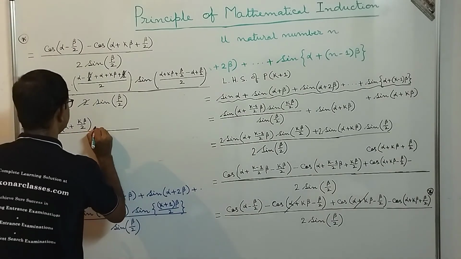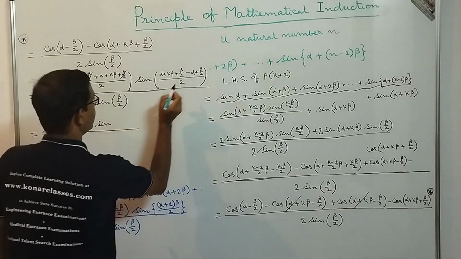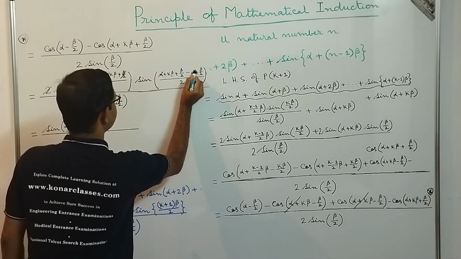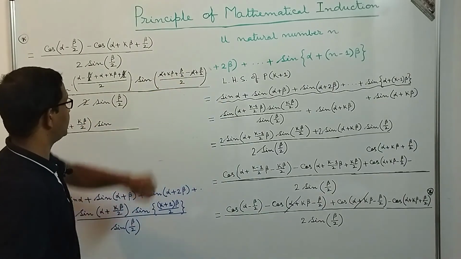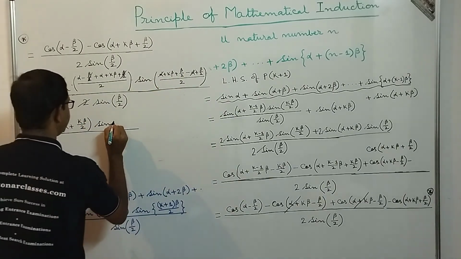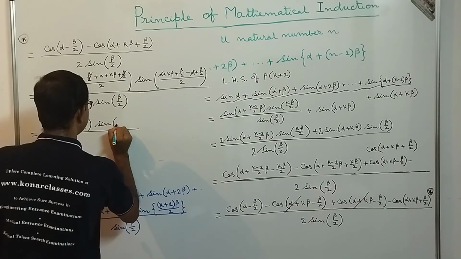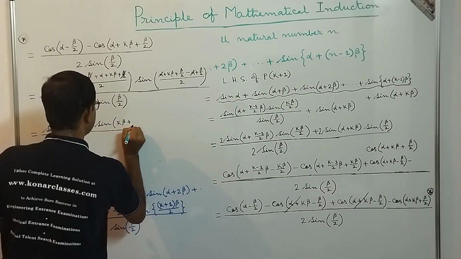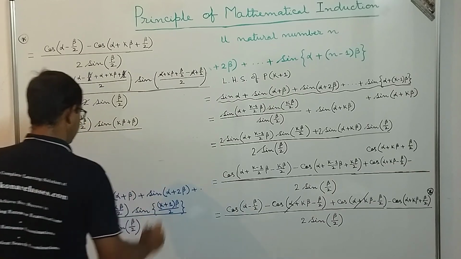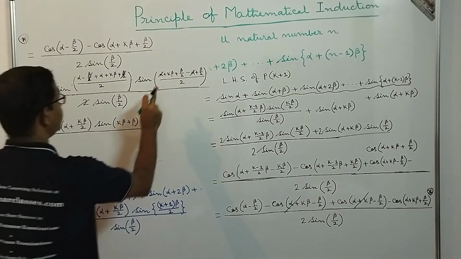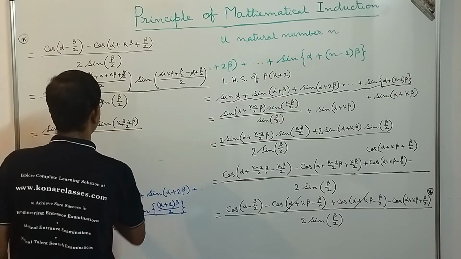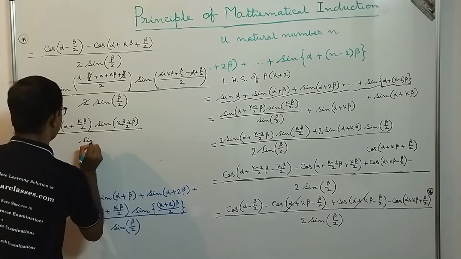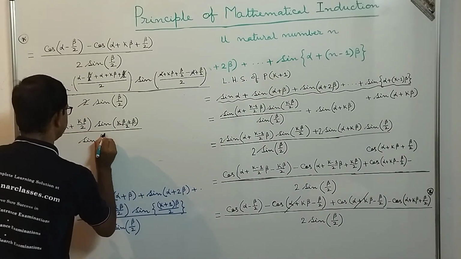And the next one is sine of, alpha minus alpha got cancelled, so k beta plus beta by 2 plus beta by 2, that means k beta plus beta, divided by 2, into sine of beta by 2.